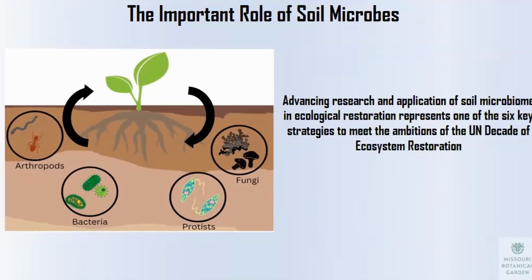Advancing our understanding of the soil microbiome and its role in plant-soil feedbacks and restoration in general is one of the key strategies laid out to meet the UN Decade of Ecosystem Restoration goals. So it's at the forefront of everyone's mind to understand the relationship between soil microbes and restoration, and back and forth.